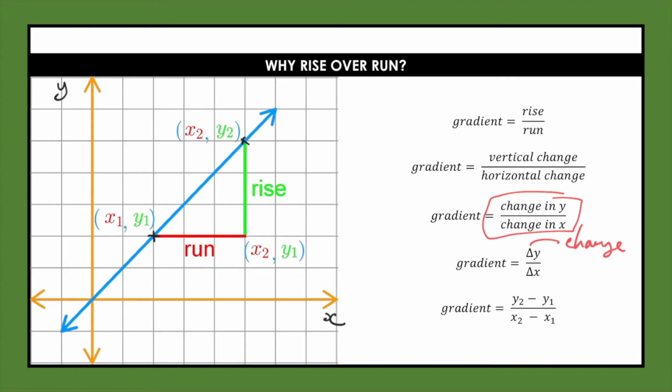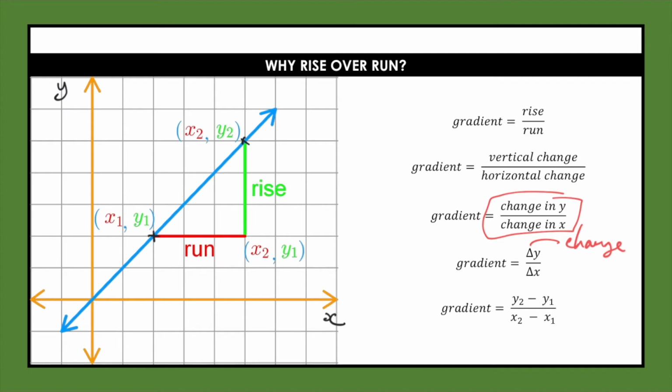And then we can see on this graph here, it's the same as rise over run, change in y over change in x. Now on any graph that you plot, you'll have actual values, so you won't have to substitute x1 or y1. You'll have a value, whether it's 2, 5, -6, whatever it is, and you'll plug those in, and that will give you a value for your gradient. So we know now how to find our gradient.